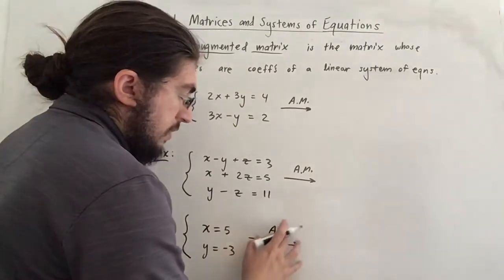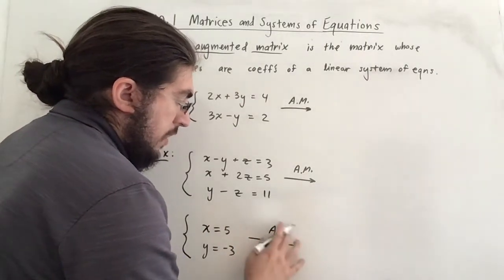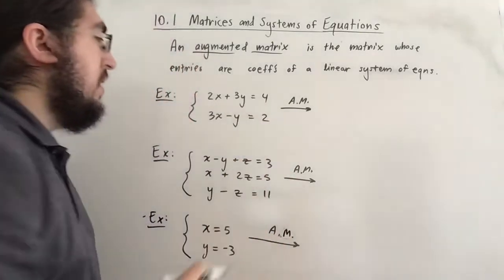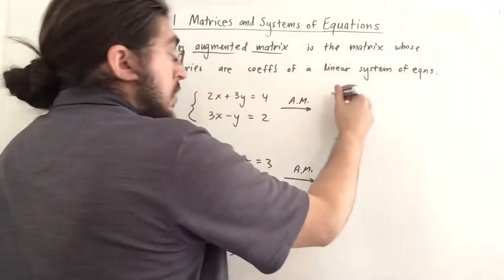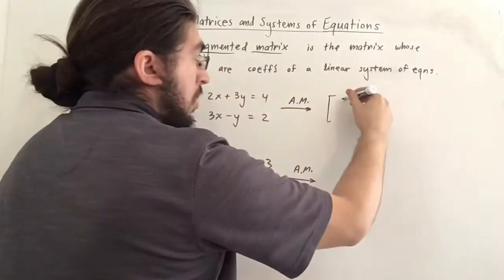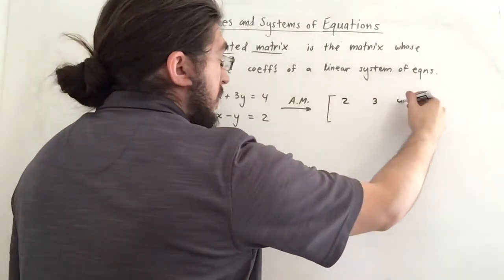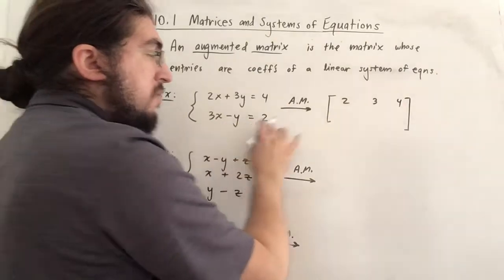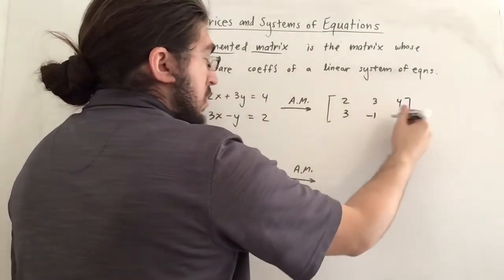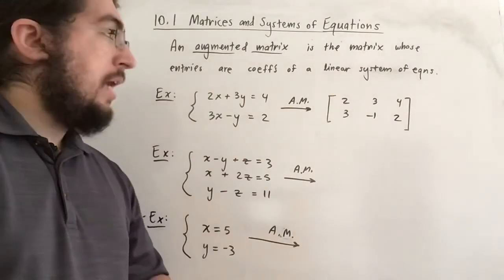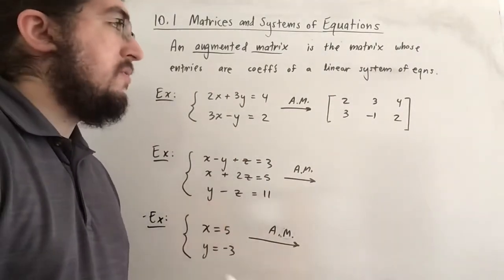For the first system of equations, we'll end up getting a 2 by 3 matrix whose entries for the first row are 2, 3, 4, and whose entries for the second row are 3, negative 1, 2. So really what I'm doing is just looking at the coefficients of each of the variables and then writing those as entries of the matrix.